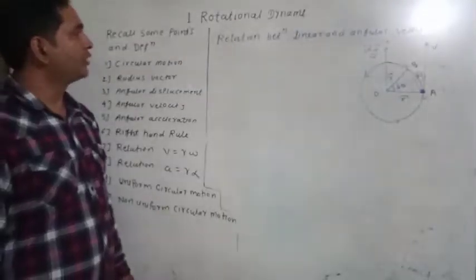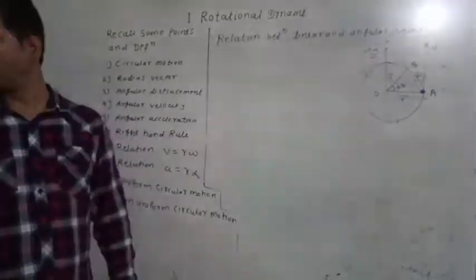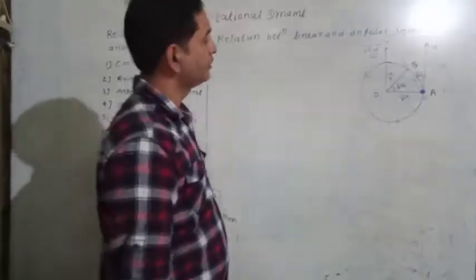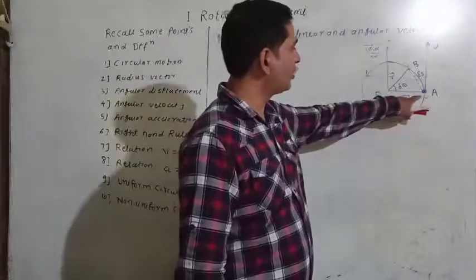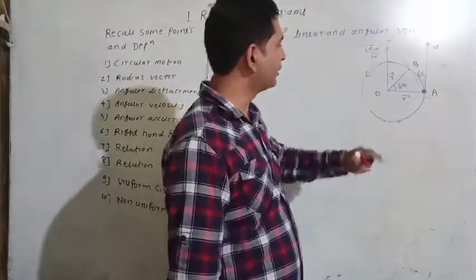So we have to calculate the relation between angular velocity and angular acceleration. Suppose the particle moves from A to B, then we get angular displacement del theta.